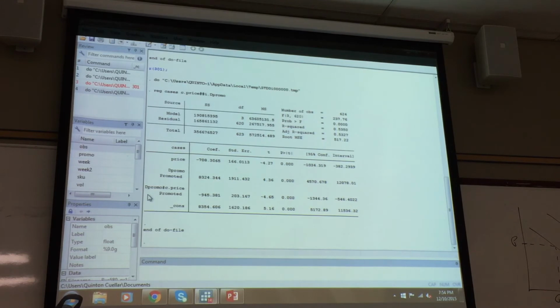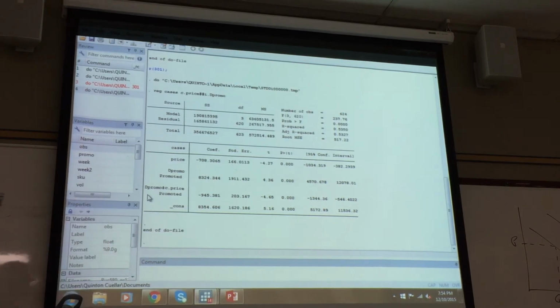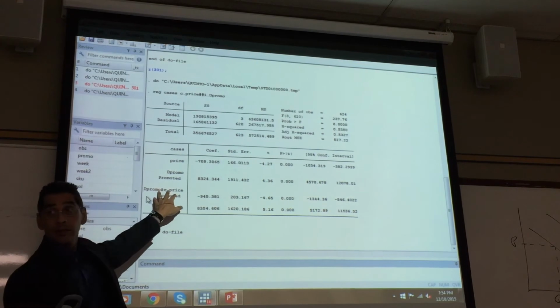So what is this term? It's an interaction between price and promoted together.